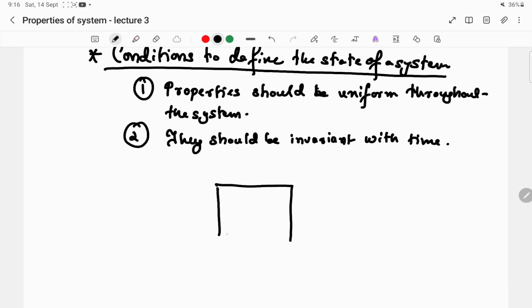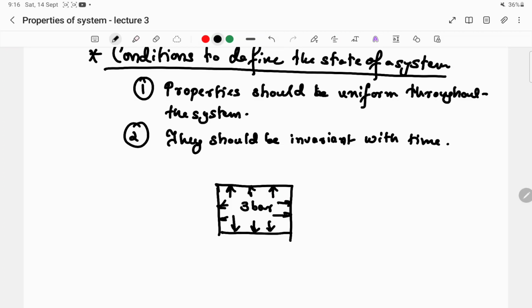Let's suppose this is a container and there is a pressure of 3 bar. Then on the entirety of the 4 walls of this container, let's suppose there are pressure points. At all those points, the 3 bar should be uniform throughout, and it should not change with time.